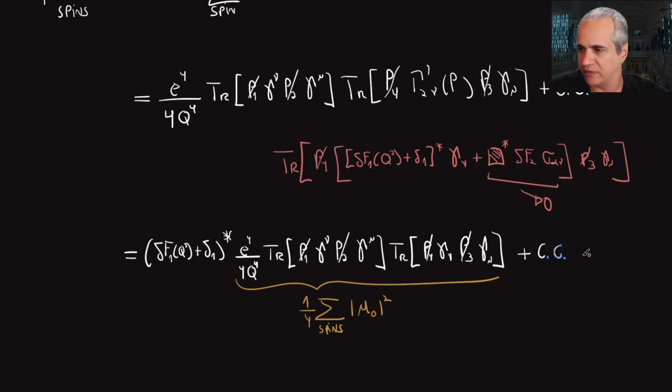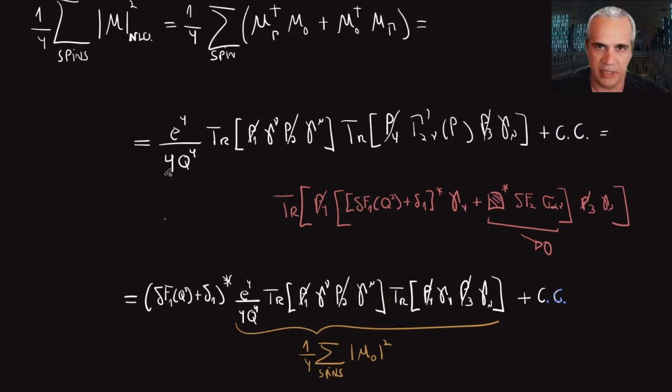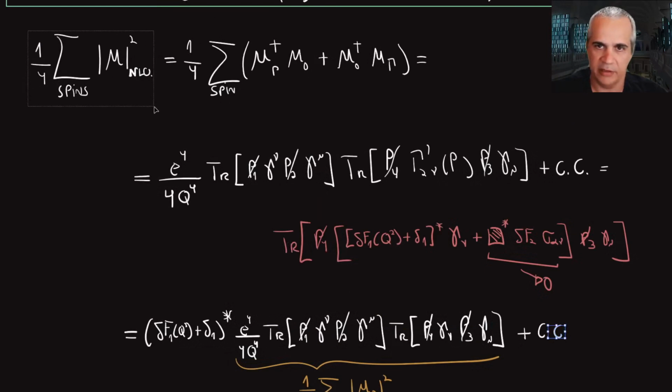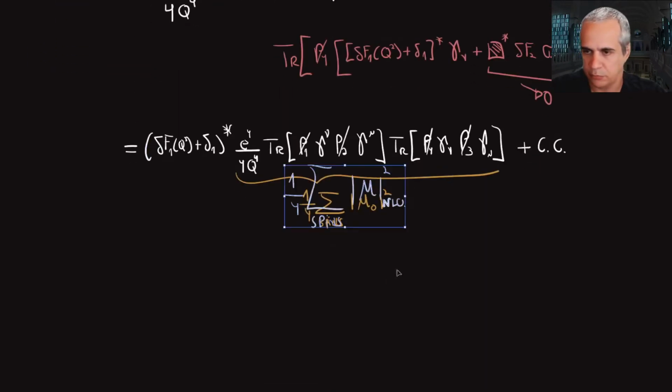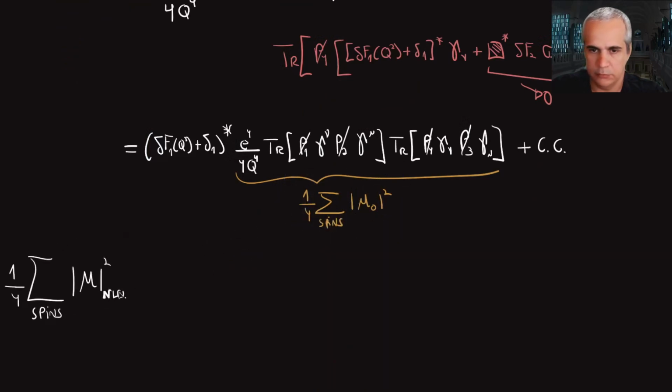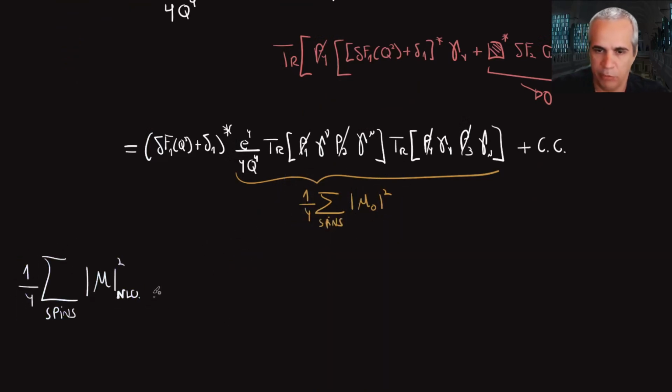So the sum, right? Let me get this thing here. The whole next to leading order contribution will be, since I take this guy and add it with its complex conjugate, 2 times the real part of this guy times this one, right?